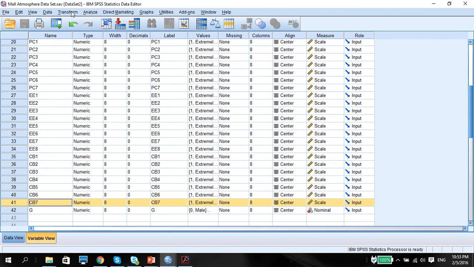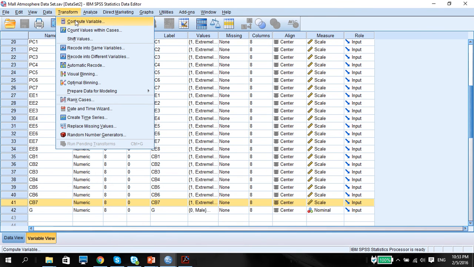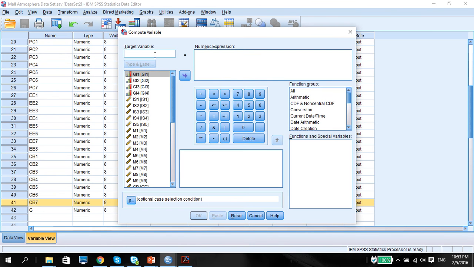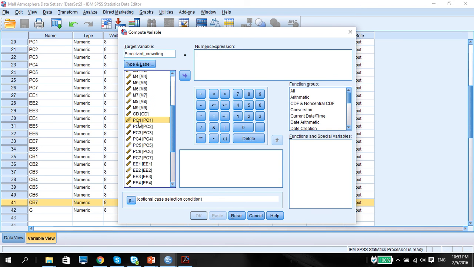So we go to transform, compute variable. Let's call it perceived crowding, and it's going to be PC 1 to 7. We get the mean value out of PC 1 to 7 because we want a quantitative, continuous measure.